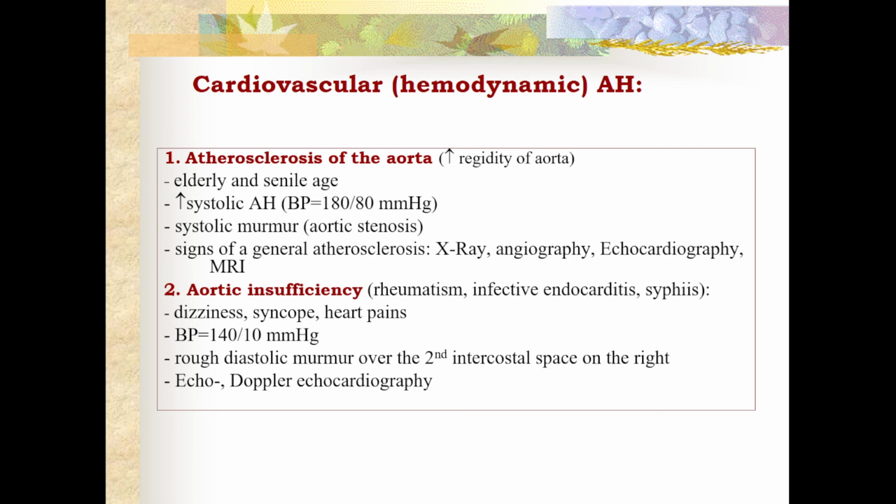In this case, high systolic and low diastolic pressure occur. During auscultation, we reveal a diastolic murmur over the second intercostal space on the right, over the aorta, and a diastolic murmur may be over Botkin point. For verification of diagnosis, we use echocardiography and Doppler echocardiography.